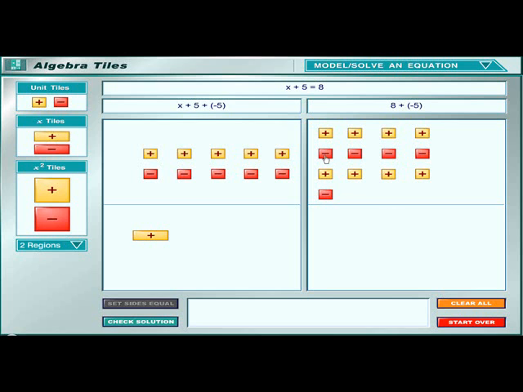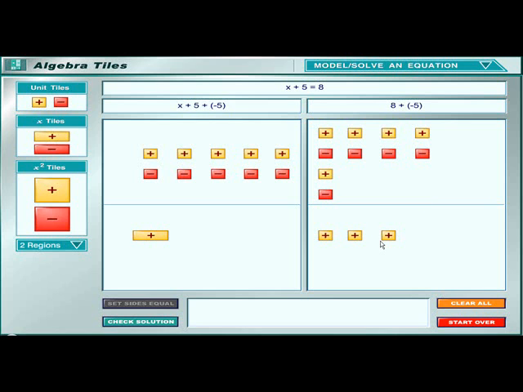Since the 5 negative unit tiles cancel 5 of the 8 positive unit tiles, that leaves 3 positive unit tiles that we are going to drag down here in the bottom region. So as you can see, the number of positive unit tiles left is 3.